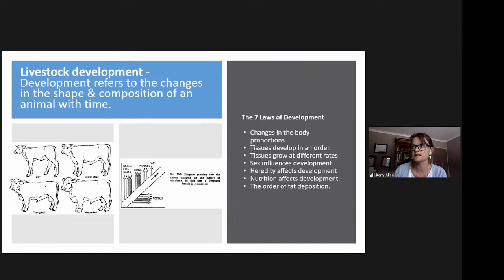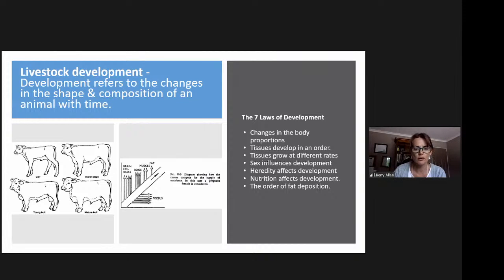So firstly, the first thing that changes is body proportion. Tissues grow in a particular order, and that's shown also on that diagram. So some things occur first, such as brains and eyeballs, being relatively important, and organs occur first, and then bone, muscle, and fat. So if the animal's not getting the nutrition, that's the order of how it goes.